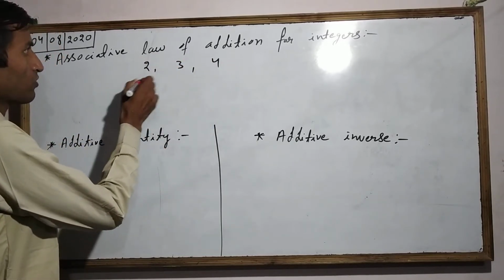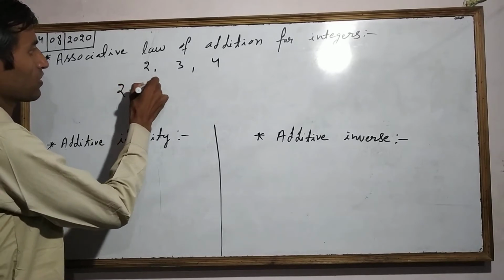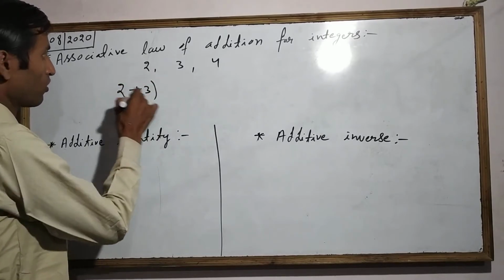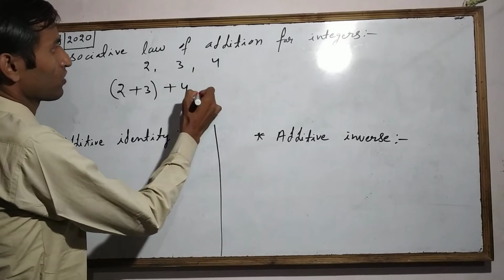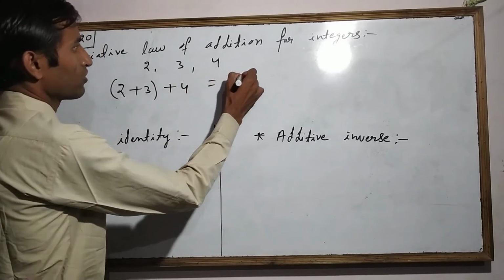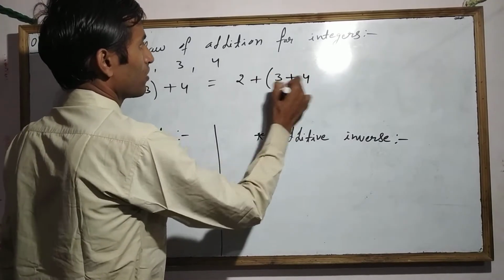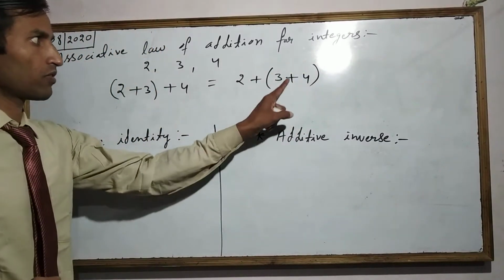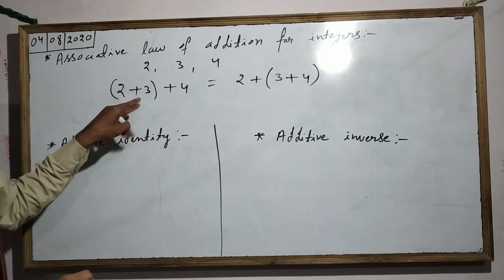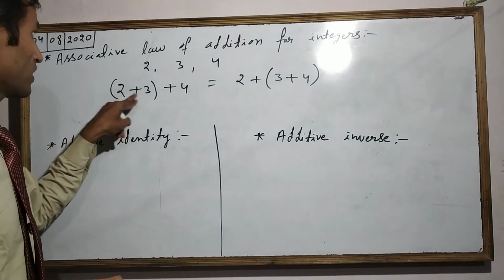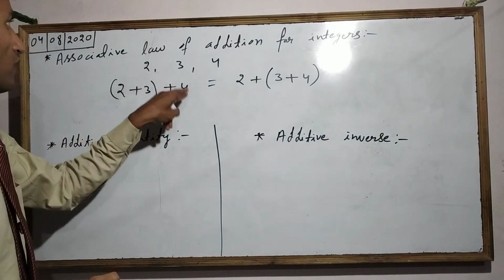So in this property, (2 + 3) + 4 is equal to 2 + (3 + 4), which means we have to put the bracket on 3 plus 4. In associative, we associate 2 and 3 first and then 4.